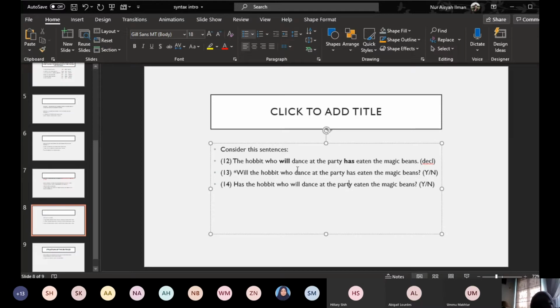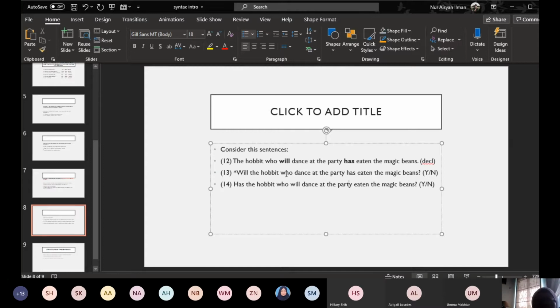So based on our hypothesis just now, we will take the auxiliary will, because that's the first auxiliary that we see. And then we do a yes no question: Will the hobbit who danced at the party has eaten the magic beans? So this is ungrammatical.